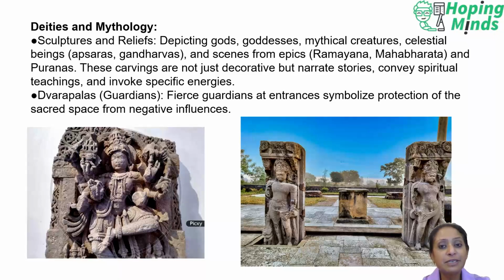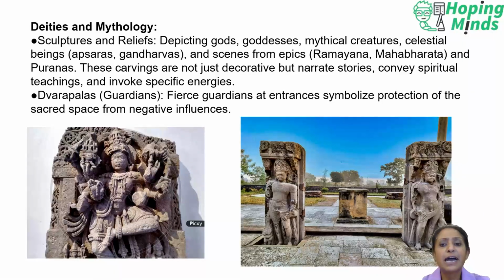Like I said previously, they have a story to share with us. So, if we look carefully at the scene, we will be able to understand what it is trying to depict. It could be a scene from the Ramayana, it could be a scene from the Mahabharata, and also various other Puranas.